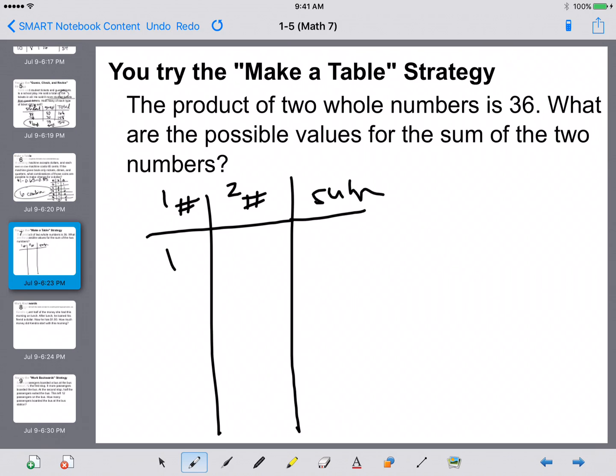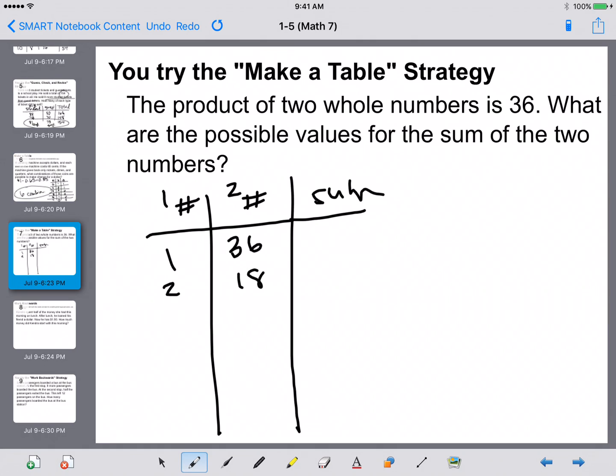So 1 times 36 would work. I'm just going to throw the numbers out first and then we'll add. 2, does that go into 36? Yes, it does. Because 36 is an even number, to get us 18. So 2 and 18.